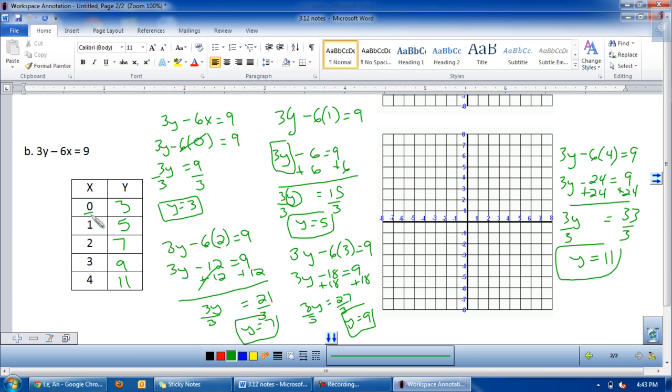Alright. Let's go ahead and plot these points. You have (0, 3), (1, 5), (2, 7), (3, 9). It's going to go off the graph. (4, 11).